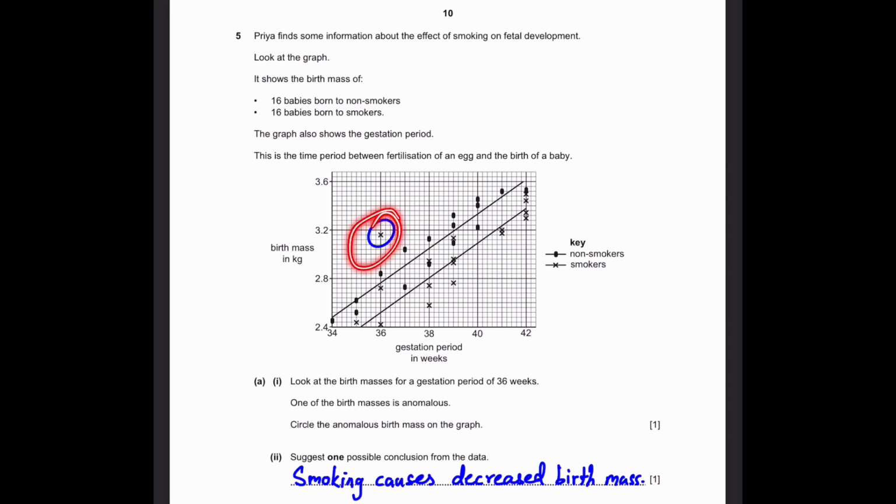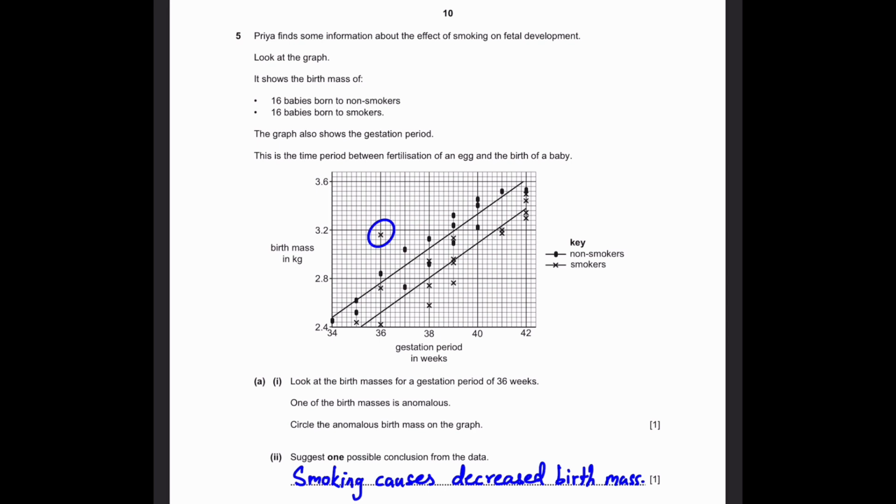As you can see, I've circled it here because smokers are marked with crosses here, and smokers logically will have babies born with lower birth mass. But then over here it's given that this one is born with a higher birth mass than even the non-smoker over here. And it's actually even higher than the non-smokers' ones for 37 weeks.